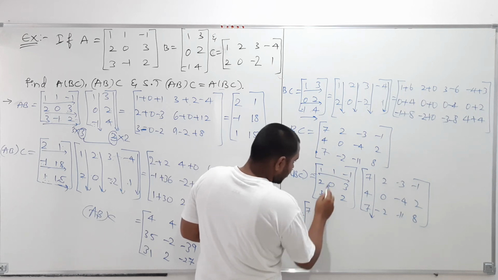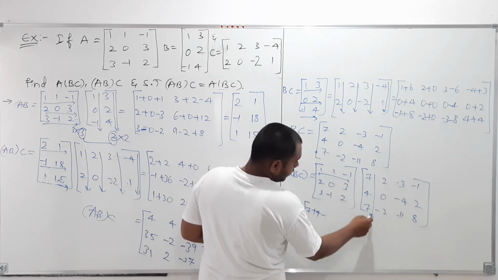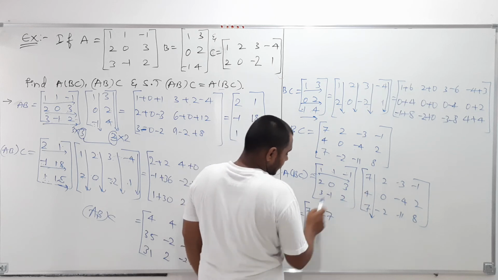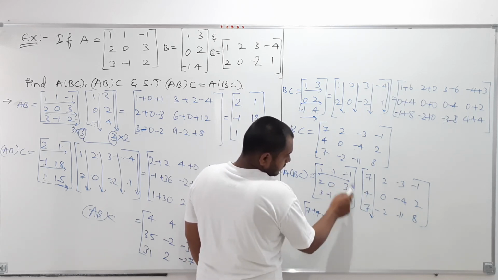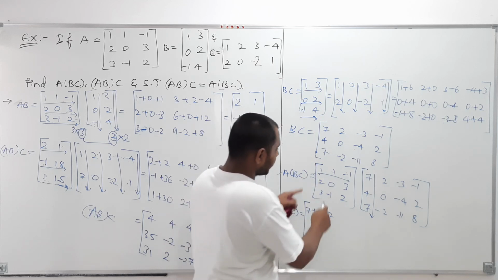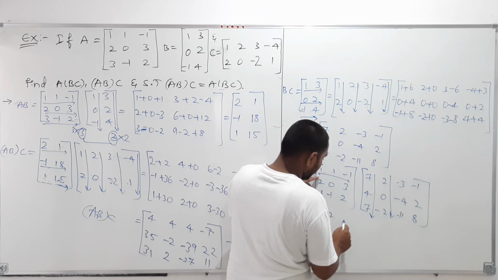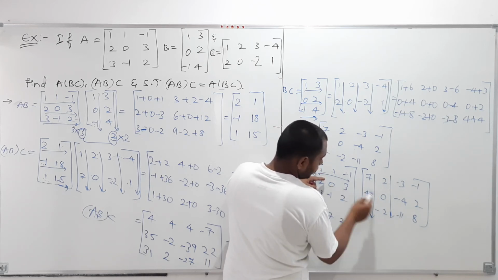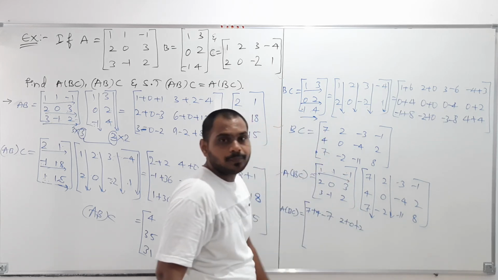So 1 into 7 is 7, 1 into 4 is 4, plus minus 7 into 1 is 7. Next, my dear students, first row second column, 1 into 2 is 2, plus 1 into 0 is 0, plus 2 into 1 is 2.